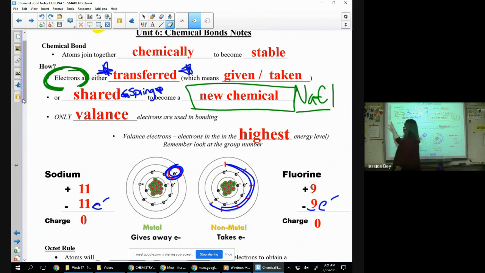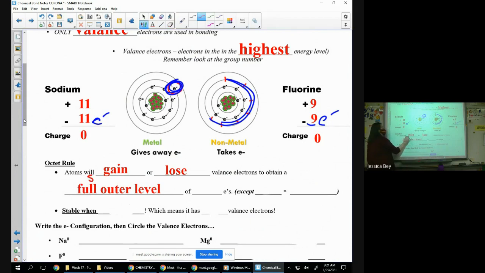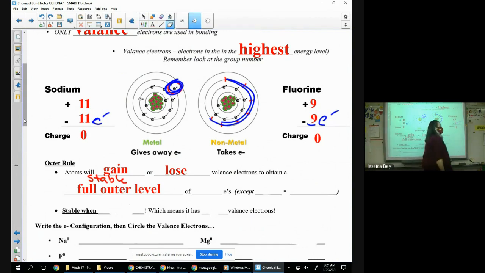Let's do it. In the octet rule, atoms will gain or lose valence electrons to obtain what's called a full, or sometimes you'll hear the word stable, level of electrons.